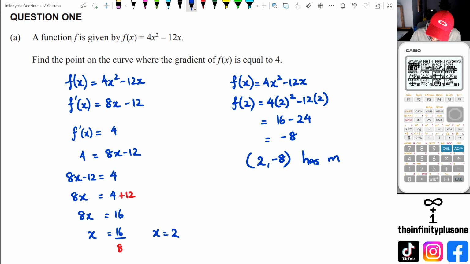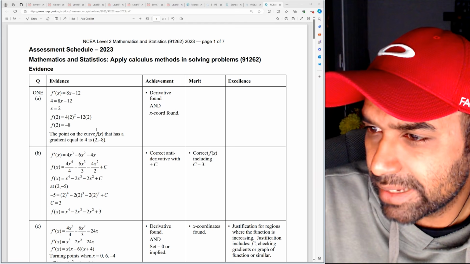So I might just do this. All I've written there is 2, negative 8 has a gradient of positive 4. So this question is actually worth an achieved, and you need to find the derivative and the x coordinate found. Oh, that's interesting. Marking schedule here.